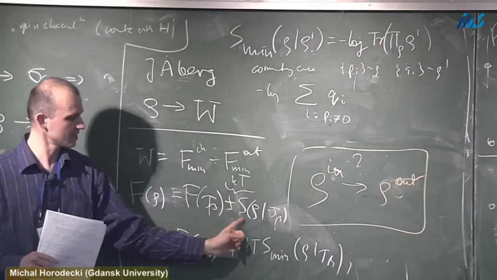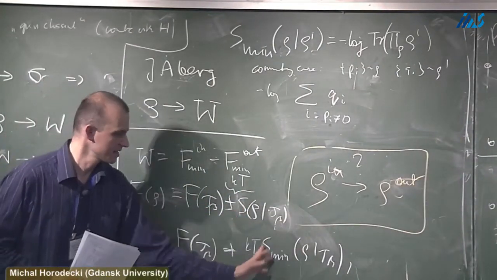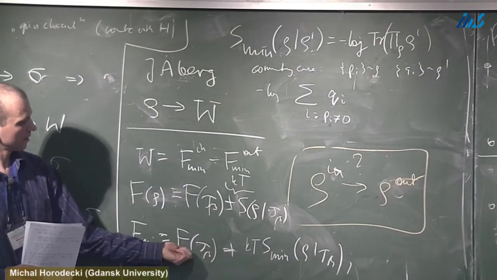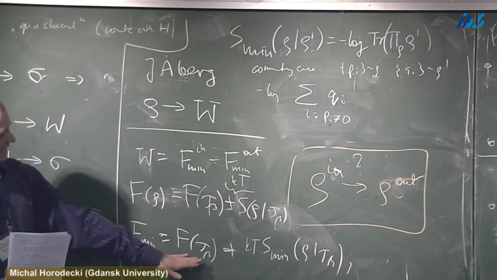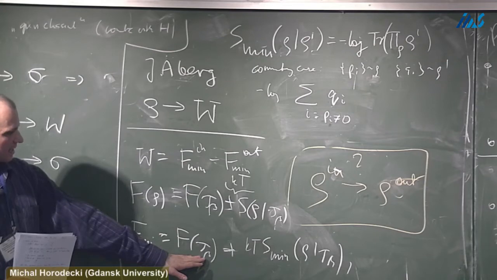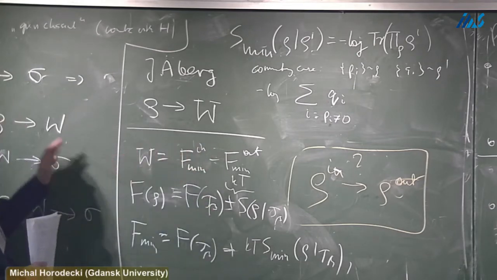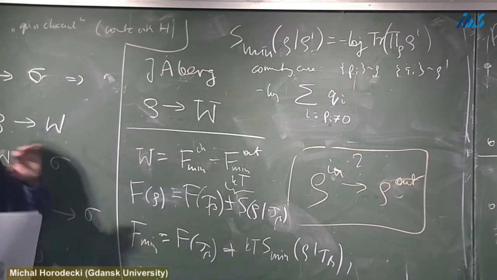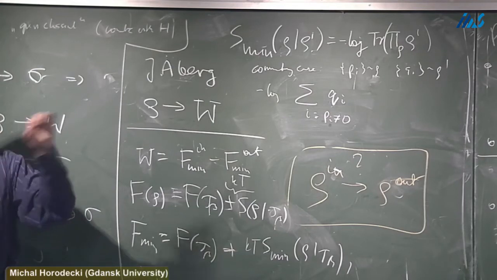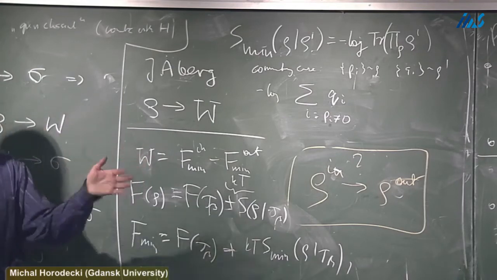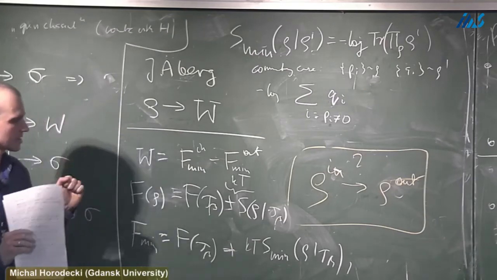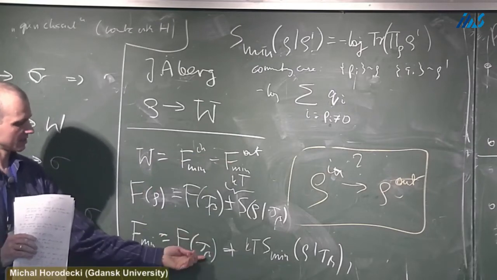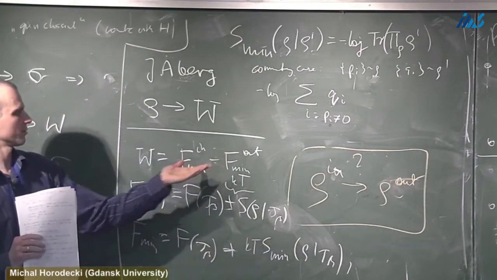So in such case, this term S min here is 0, and F min is the same as the free energy of a Gibbs state. Let me stick to the scenario where you do not change the Hamiltonian. The initial Hamiltonian is the same as the final. Later I will elaborate on that. But if it's the same, then these are just the standard free energies of the Gibbs state, because this was 0. So you will have no work.